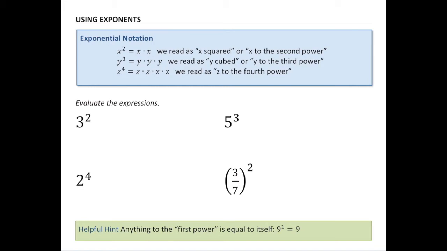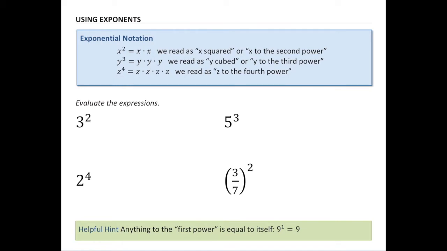So in the case of x squared, it's twice, y to the third, it's 3 times, z to the fourth, it's 4 times. And you can see how we refer to those things as we read them. We either say x squared or x to the second power, y cubed or y to the third power, and then once we get past an exponent of 3, we simply just say z to the fourth power or fifth power, sixth power, and so on.